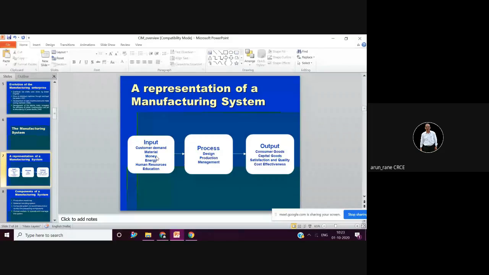So in such a scenario, the supplier makes 100% sure that whatever he is supplying is perfect, because most of the MNCs, most of the big companies, have stopped doing inspection. They have quality control and quality assurance, but inspection is no more. That is the responsibility of the supplier.